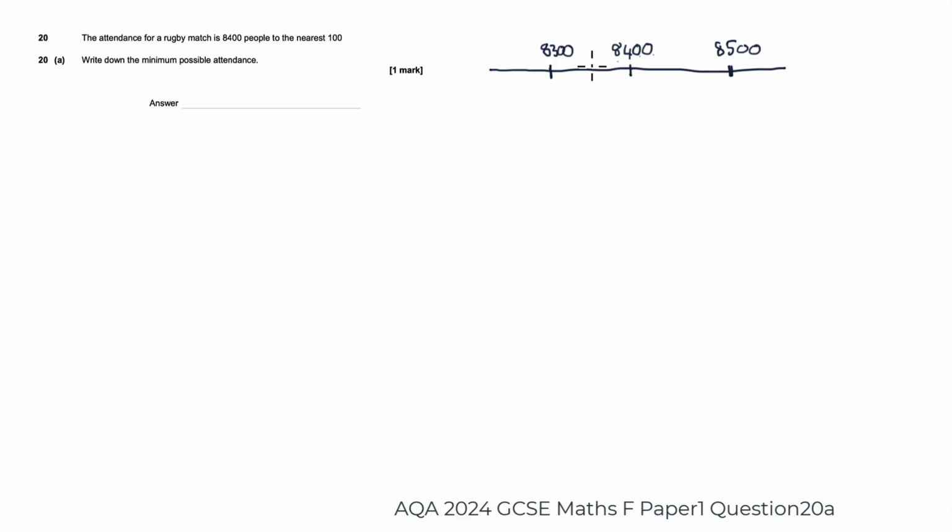So the borderline between each of these hundreds is 8,350 and 8,450. So is the minimum possible attendance 8,350?